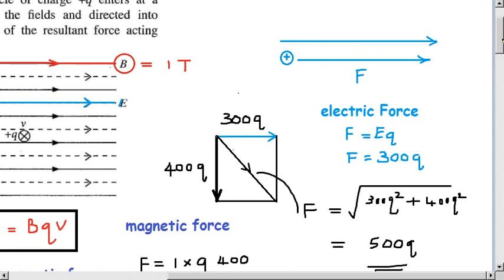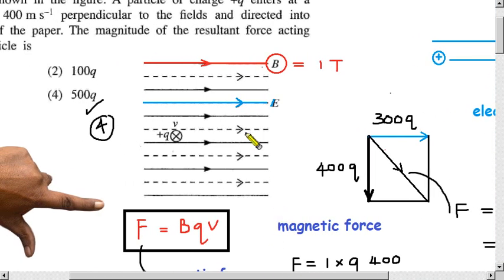The direction is exactly the direction of field intensity. So the force and field intensity are the same in direction. They have given this direction, so the force also goes that way.